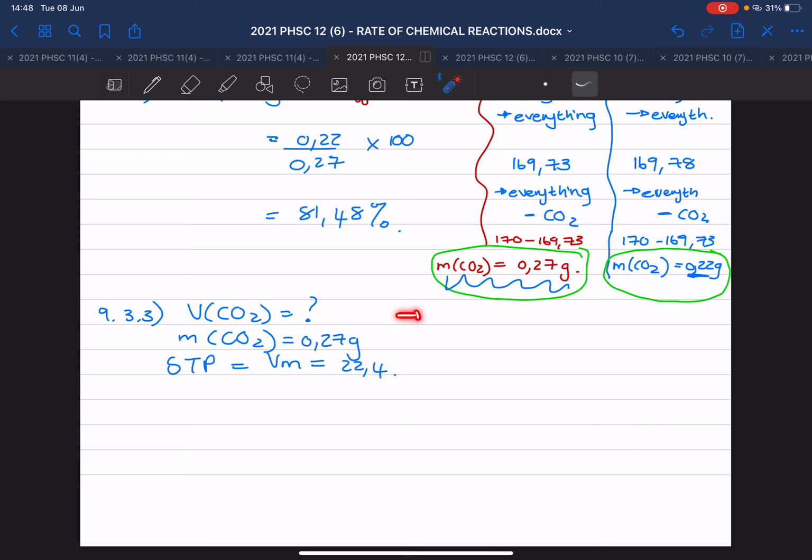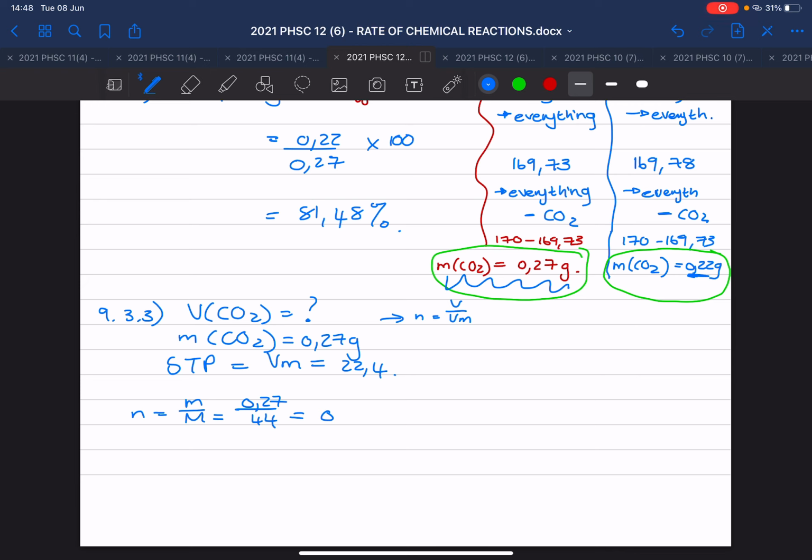If we want to calculate the volume, we must use the formula: mole is volume over volume at STP. So we must first calculate the mole, and that is what we'll use the mass for. Mole is mass over molecular mass, 0.27 divided by 44, where 44 is the molar mass of carbon dioxide.